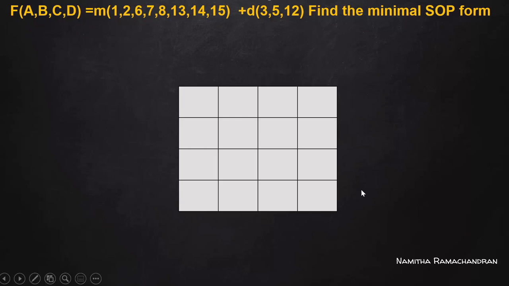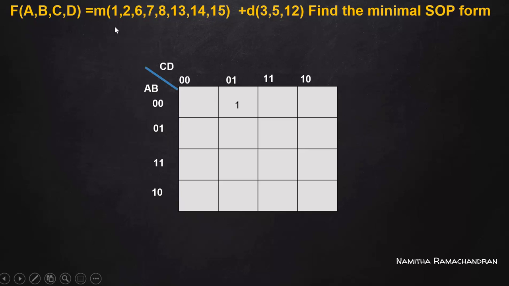So consider a four variable Kmap and mark like this: AB here, CD here, with values 0 0, 0 1, 1 0, 1 1 for each. Now we can mark these minterms in the cells corresponding to them.